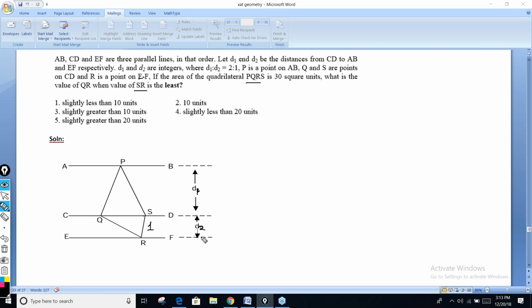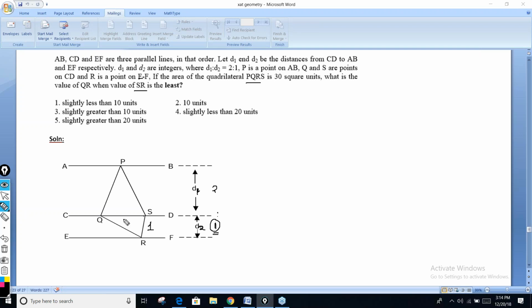If D1 and D2 are integers and this is the least, obviously this ratio is 2 is to 1. What is the least value D2 can take? D2 is basically the distance. If we need to take it minimum, I can take it as the perpendicular distance. That can be only one.